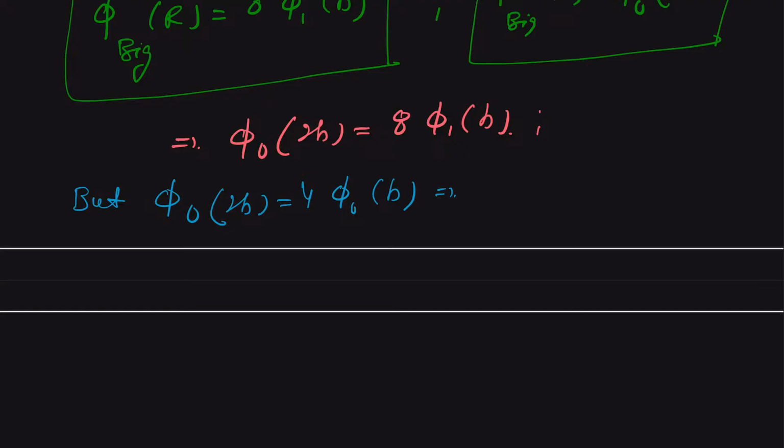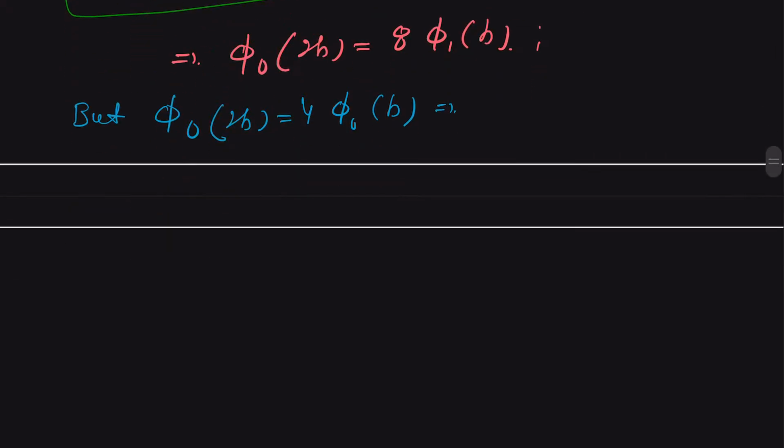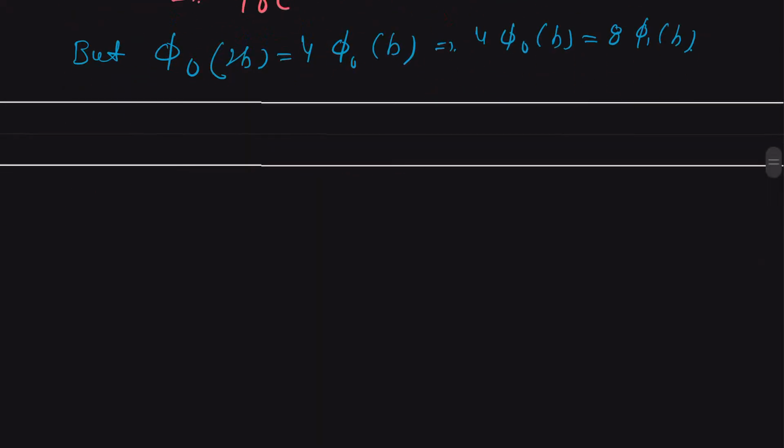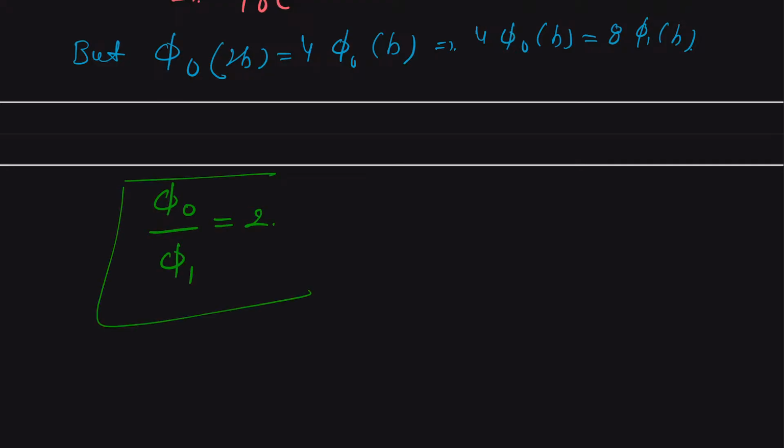So we can equate them, and from here we get that 4 times phi naught b is equal to 8 times phi 1 b. So now it's almost done. We've got the ratio that phi naught upon phi 1 is equal to 2. That was our final requirement.